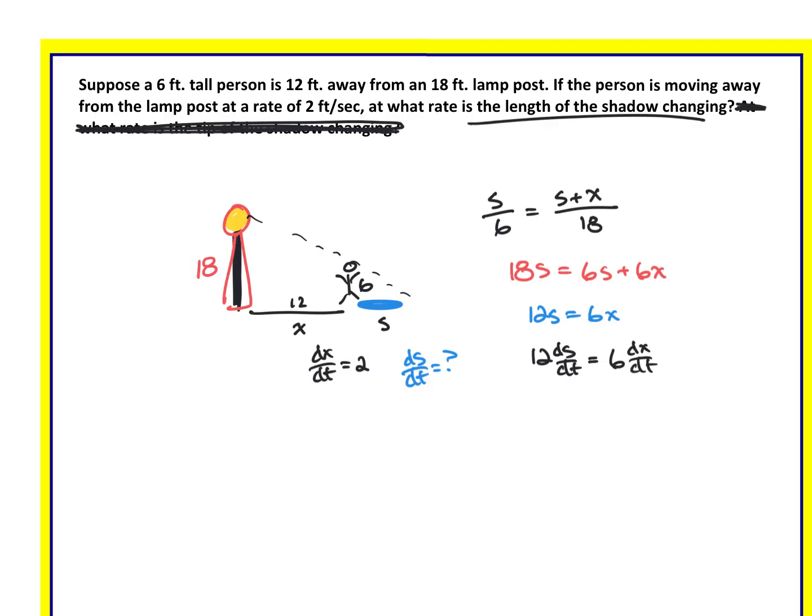So now we're just going to substitute in everything we know. Do I know my ds/dt? No. Do I know dx/dt? Yes. So now I have 6 times 2. And then I'm going to divide by 12, and I end up getting ds/dt is equal to 1 foot per second.